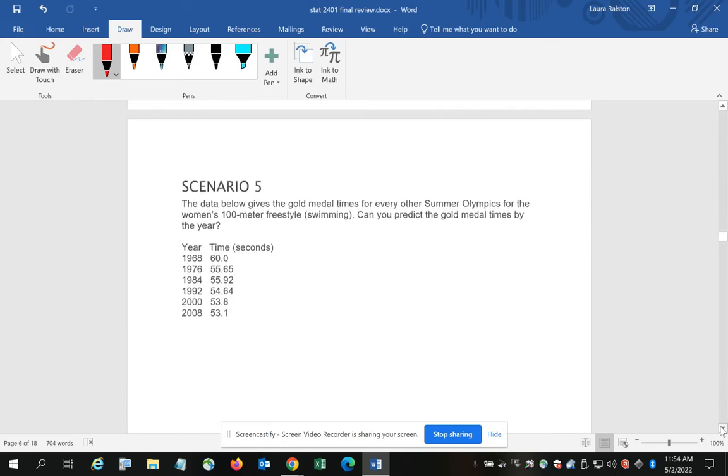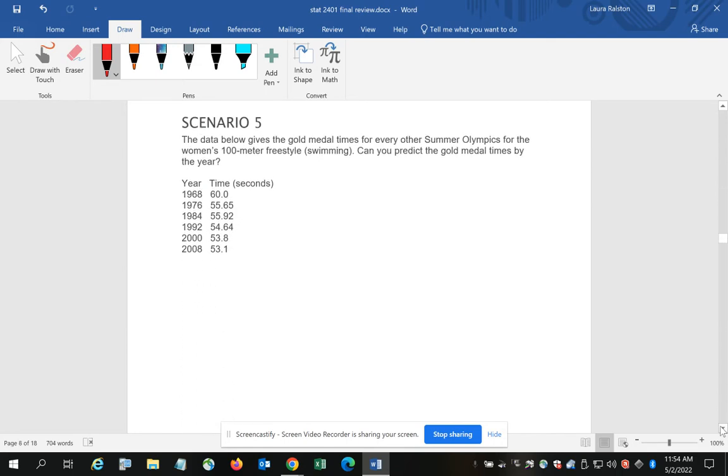Okay, moving on to scenario 5. The data below gives the gold medal times for every other Summer Olympics for the women's 100-meter freestyle swimming. Can you predict the gold medal times by the year?